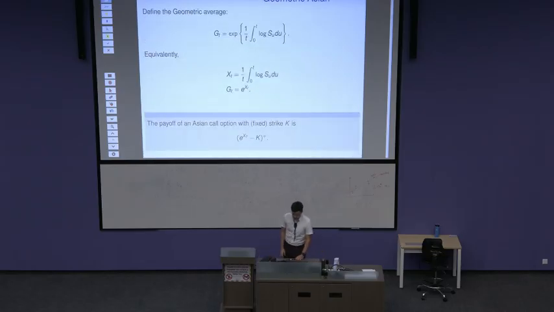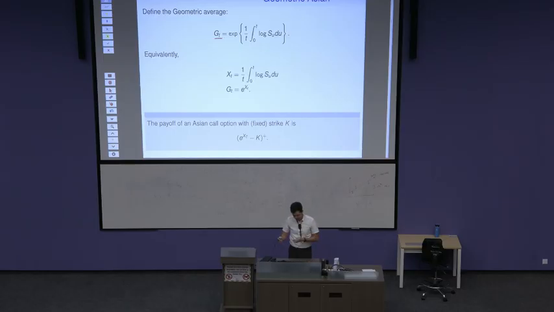Okay, so we start with the nice case, with the geometric averaging case. So in that case, we define first the geometric average. This is our object GT, as I've explained earlier. So you start with the product of the S_{t_i}, to the power 1 over n, and consider the limit of time differences going to 0, and you get a geometric average in the limit. Good.